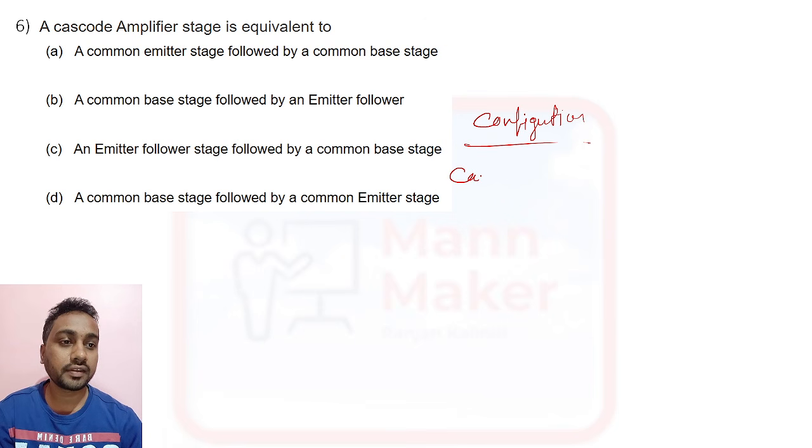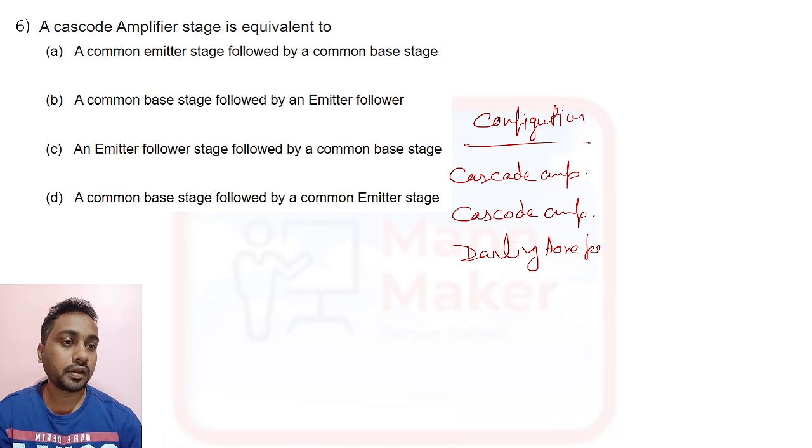One is cascade, then another one is cascode amplifier, and the Darlington pair. Cascade and cascode are both different.